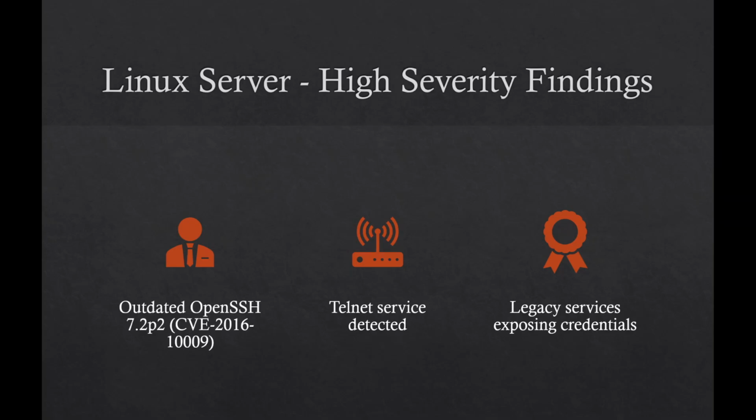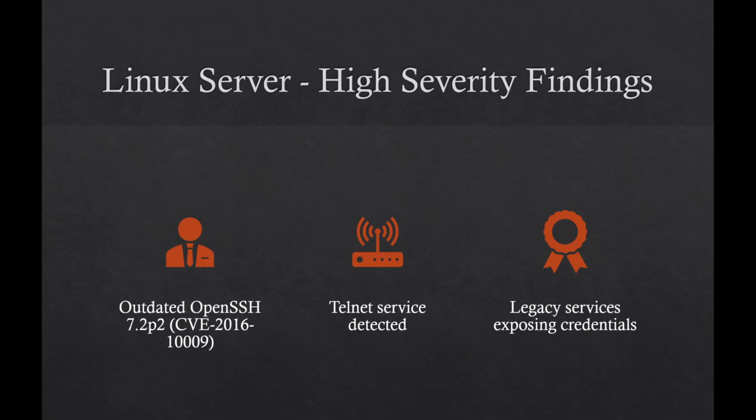The Linux server faced different but equally serious issues to take into account. It was running an outdated version of OpenSSH that is vulnerable to privilege escalation attacks, specifically CVE-2016-1009.